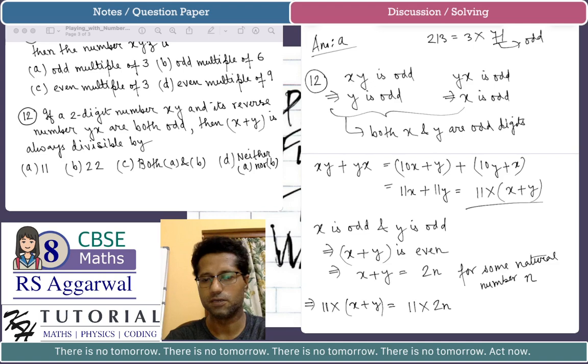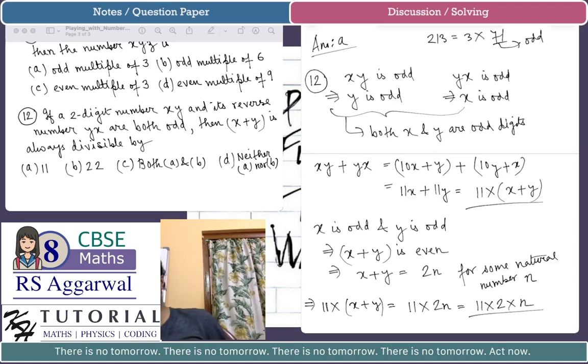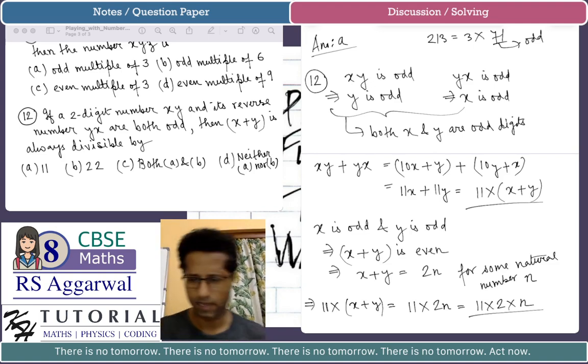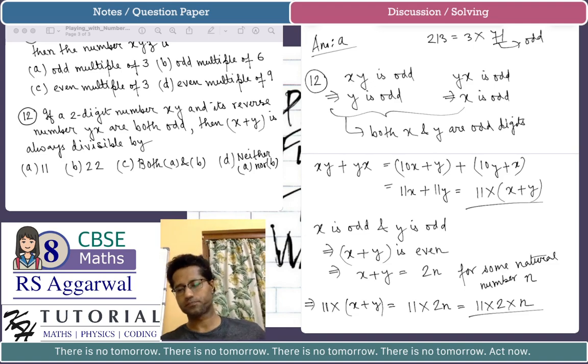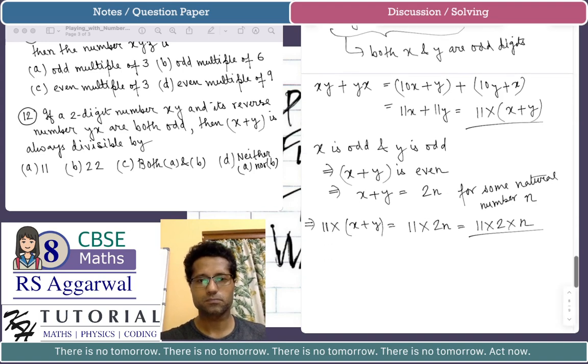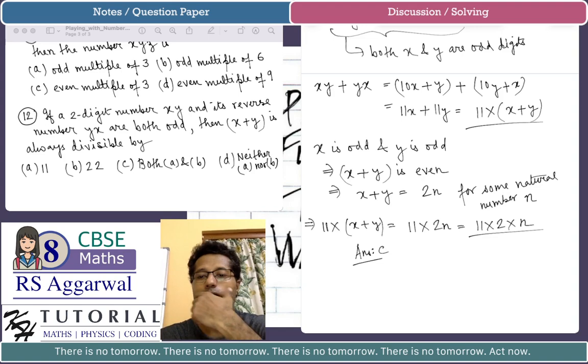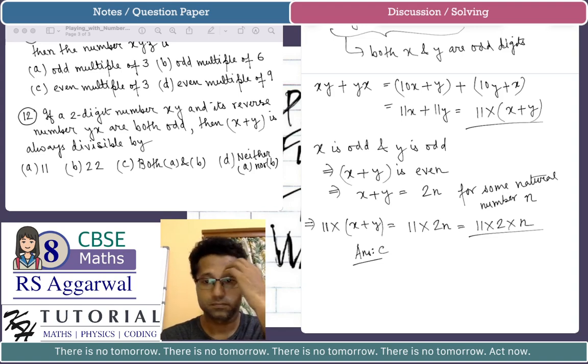Now this is equal to 11 into 2 into n, and this 11 into 2 into n is definitely divisible by 11 as well as 22. So the correct choice is choice C, that is both A and B. This number xy plus yx is divisible by both 11 and 22. Okay.